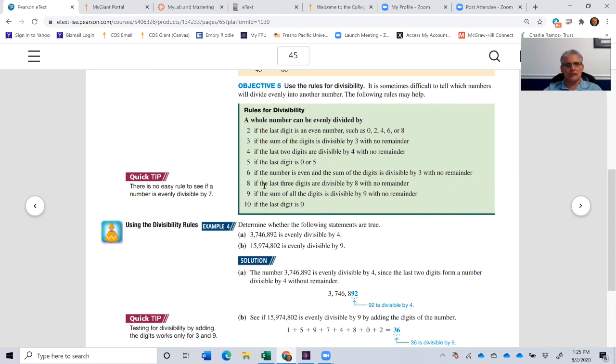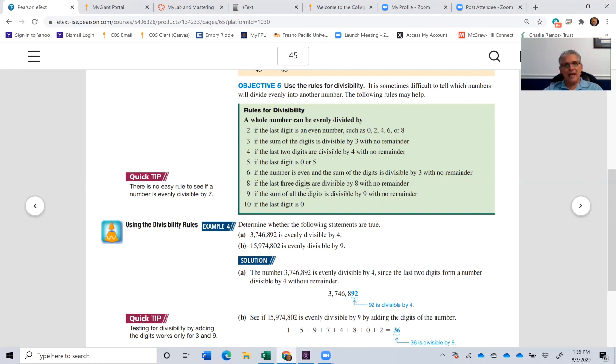You can try it out if you don't remember, but a whole number can be evenly divided by 6 if the number is even and the sum of the digits is divisible by 3 with no remainder. Okay, so we've actually dealt with both of these rules, so we know what they are. If the number is even and the sum of the digits is divisible by 3 with no remainder. So the sum of the digits, just like what we did here, but it has to meet both of those criteria for it to be divisible by 6 evenly.